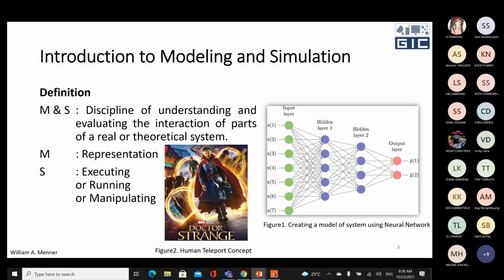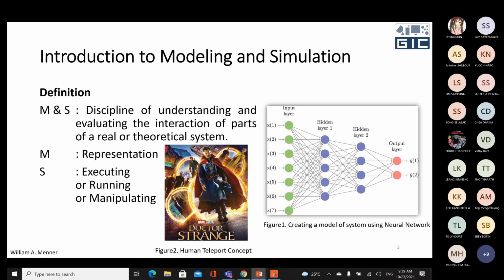And then after that, you will try to execute it the way a human would. For example, if you run through this process, you get the result like this. If you run through this process with this input, you will get the result as this one. So this way of getting the result or outputs is not running from the real system, so it's called simulation.